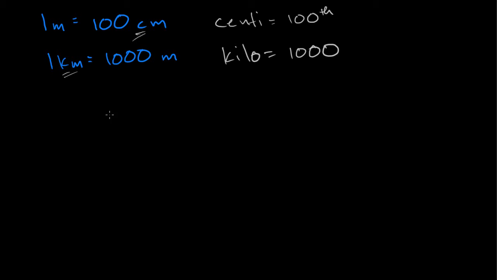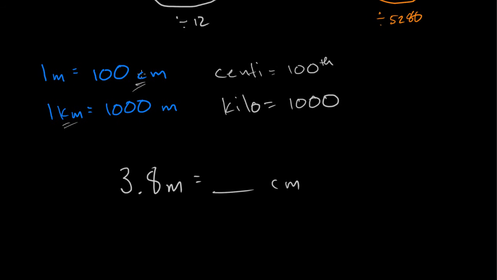If I wanted to convert in the metric system from 3.8 meters into centimeters, if I look at the conversion fact, I can see that to go from 1 meter to 100 centimeters, the numbers are getting bigger, so I'm multiplying by 100.